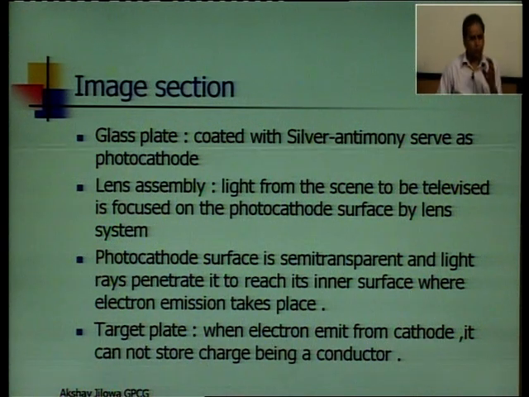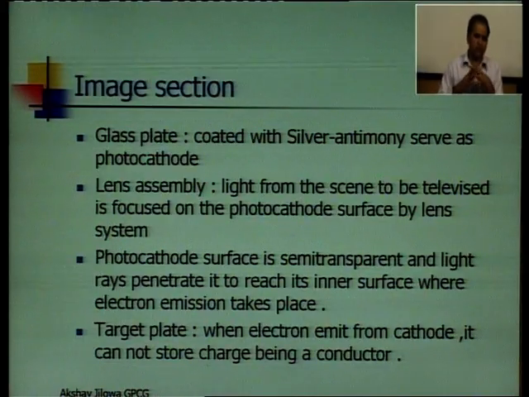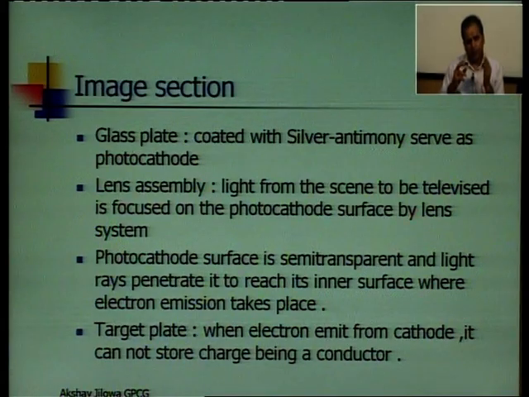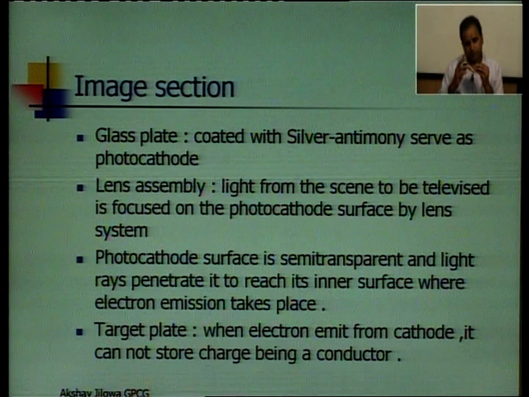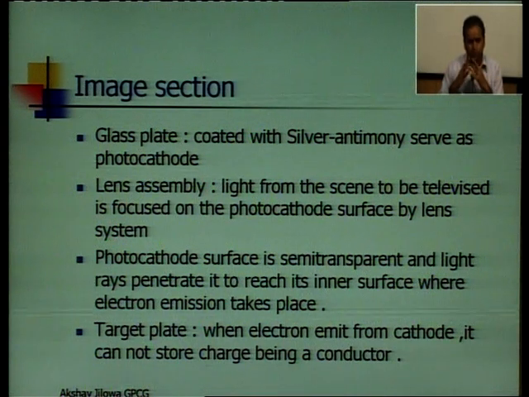Light falls from one end, which is transparent, and the other end is coated with photoemissive material. When light penetrates the area facing the glass face plate or lens, it strikes the photocathode surface.